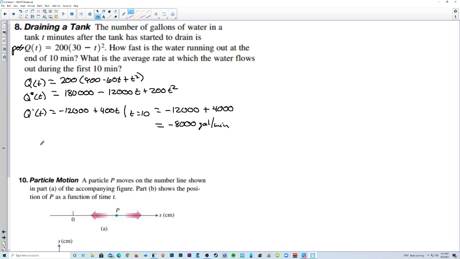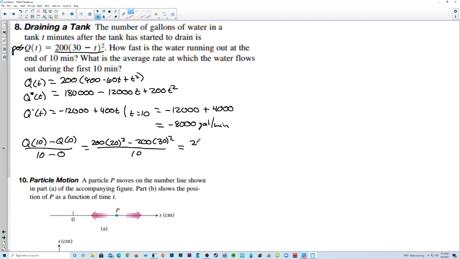What is the average rate of change at which the water flows out during the first 10 minutes? Well, average rate of change is going to be Q of 10 minus Q of 0 over 10 minus 0. So let's plug those values back into the original. That's probably the easiest place to do that. So we have 200 times 20 squared minus 200 times 30 squared over 10.